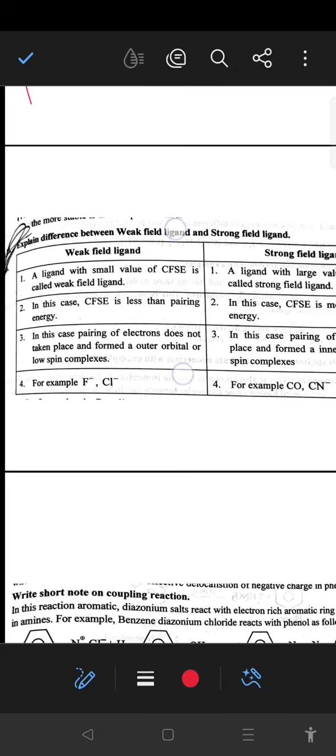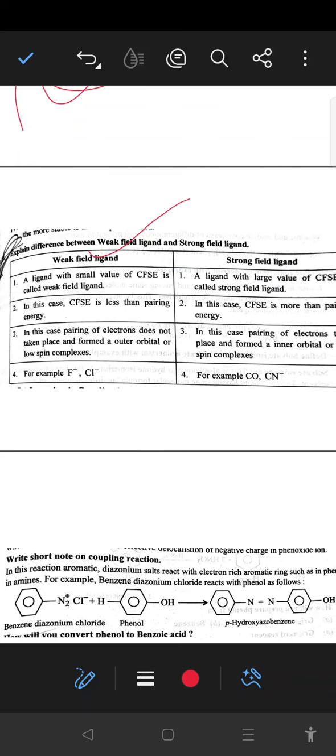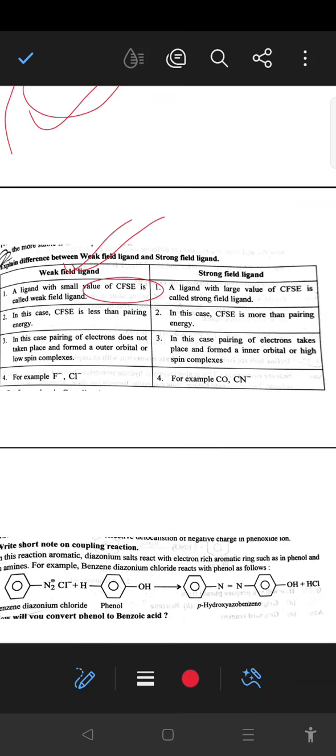Next question is the difference between weak field and strong field ligand. The ligand with a small value of CFSE is called a weak field ligand, and the ligand with a large value of CFSE is a strong field ligand. When CFSE is less than pairing energy, it is a weak field ligand, and when CFSE is more than pairing energy, it is a strong field ligand.